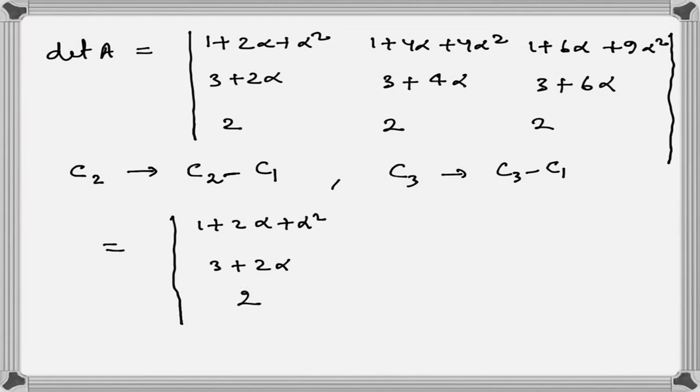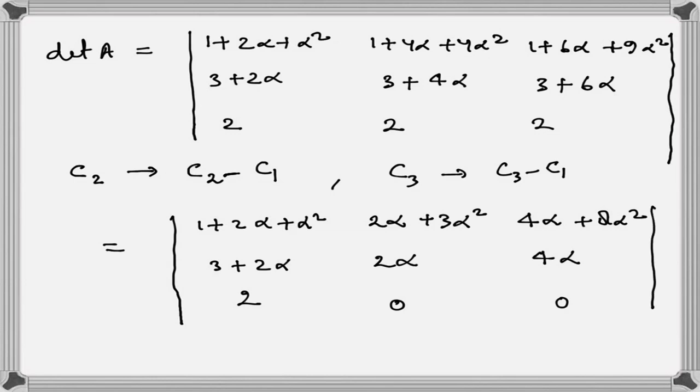The second column entry is 2 alpha plus 3 alpha square, and the next is 4 alpha plus 8 alpha square. Then 2 alpha and 4 alpha, and the last entries will be 0 and 0.